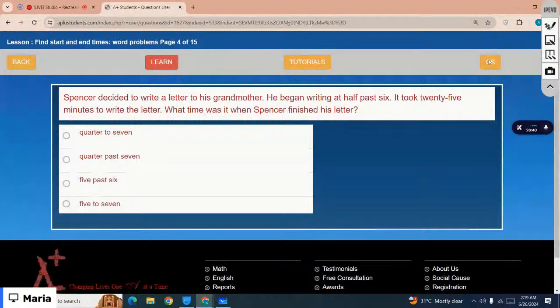Okay, the next one is Spencer decided to write a letter to his grandmother. He began writing at 6:30. It took 25 minutes to write the letter. What time was it when Spencer finished his letter? Which is the correct option?